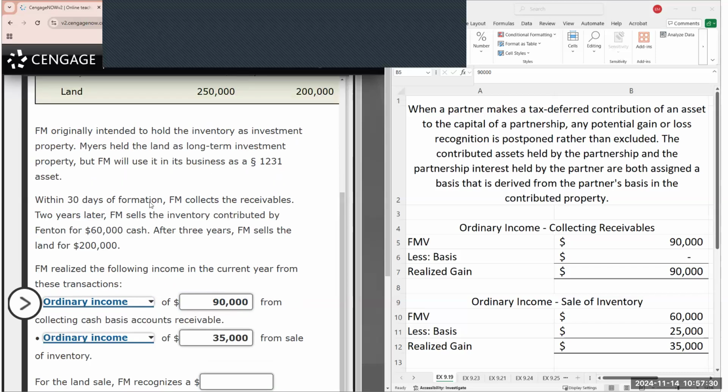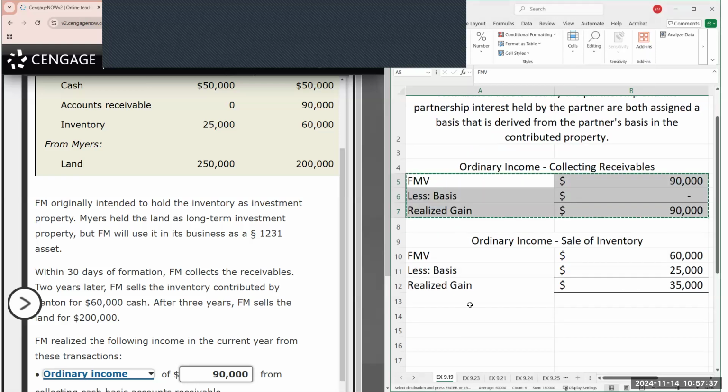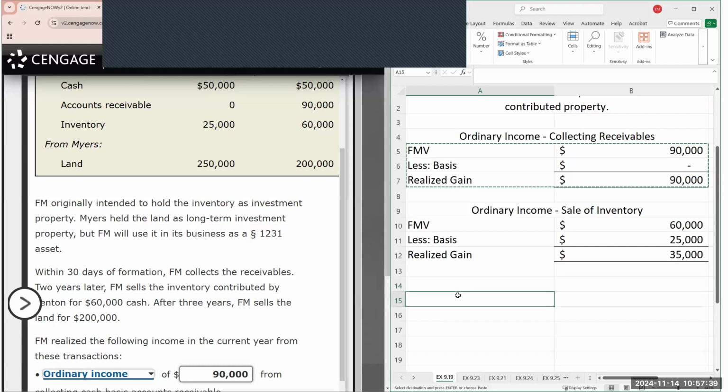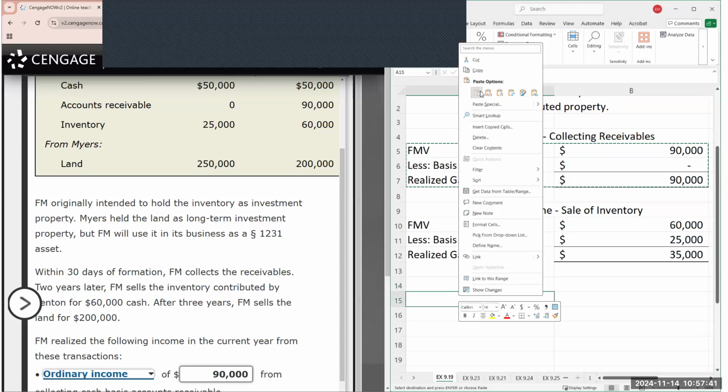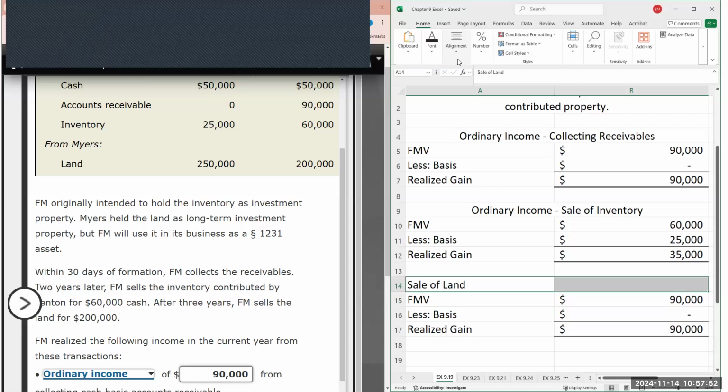Now, as it relates to the land, we can see clearly here this would be sale of land. We see that in this case, for the land, the basis is 250,000, but it lets us know that it was sold for 200,000.